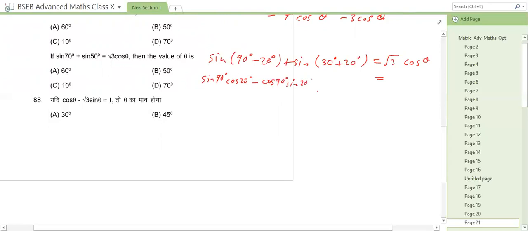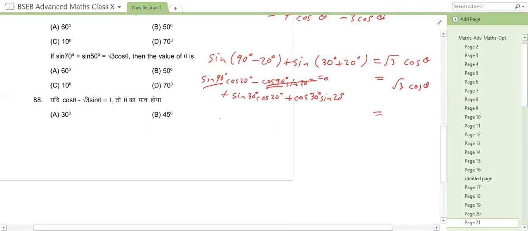20 plus sine 30 cos 20 plus cos 30 sine 20 is equal to root 3 cos theta. Sine of 90 is 1, cos of 90 is 0, so this part vanishes. That is equal to 0.